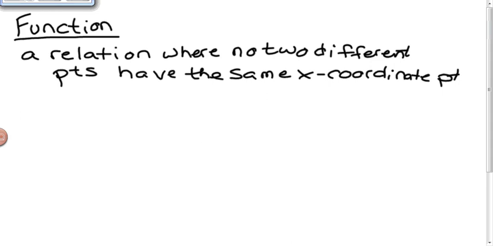Again, relation being anything, and then more strict than a relation would be this function. So just a couple of quick examples to show the difference between the two. If I had the equation y equals x plus 3, and I ask you if it is a function, you can take a look at it.